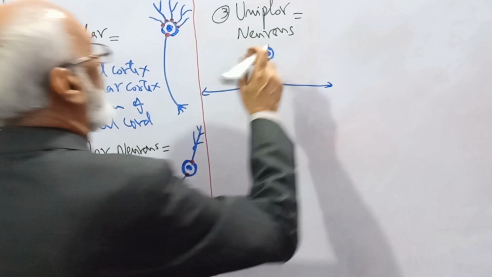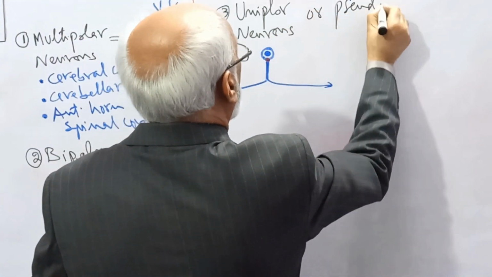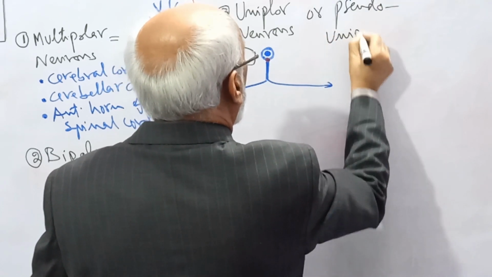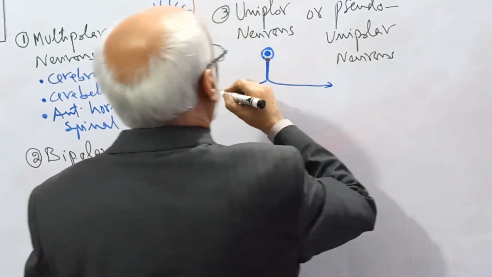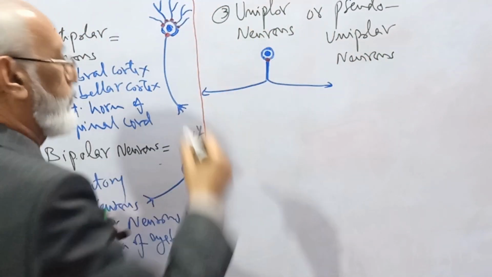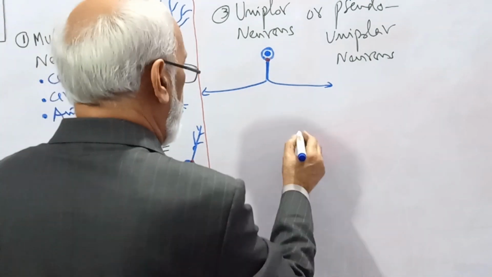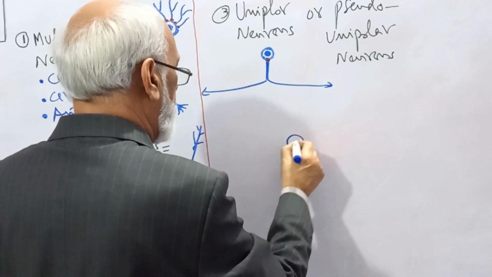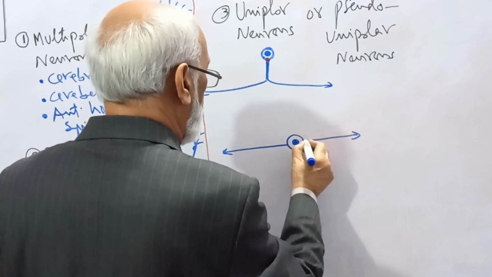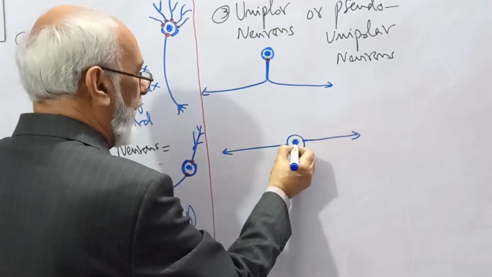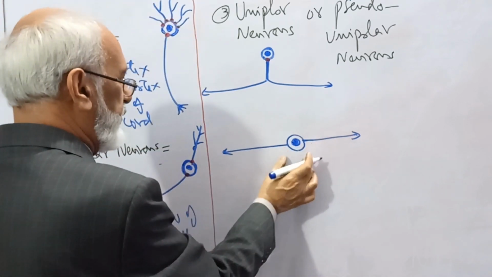These neurons are also known as pseudo-unipolar. Why pseudo-unipolar? Developmentally, these neurons have a cell body and two processes. They are bipolar. As development proceeds, these two processes try to approximate.